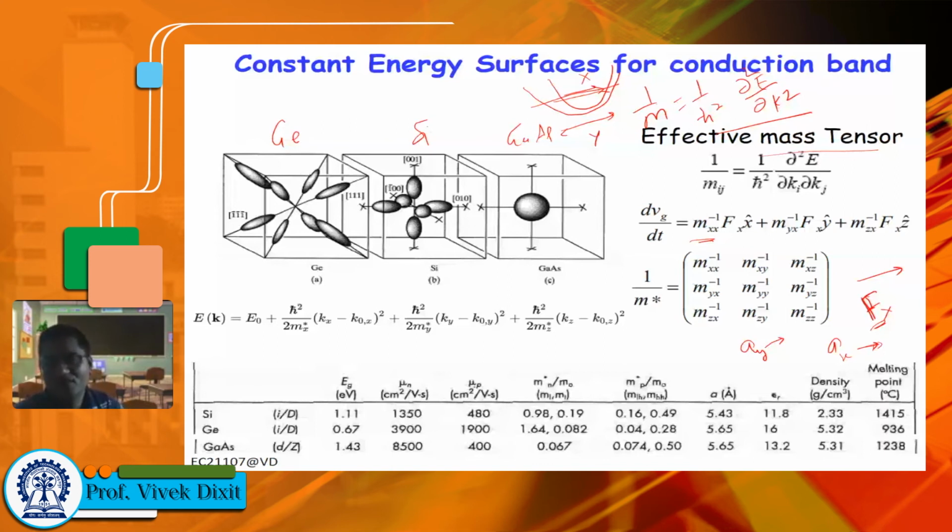For example, you have a wooden plank here, and you have a mass on that plank. Now, if you apply force along the plank direction, it will move in the same direction. If you apply a force at an angle, it will have two components: a normal component and an inclined component. Due to the inclined component it will move, while due to the perpendicular component it will not move.